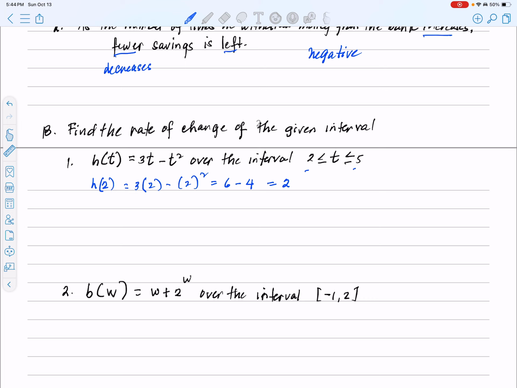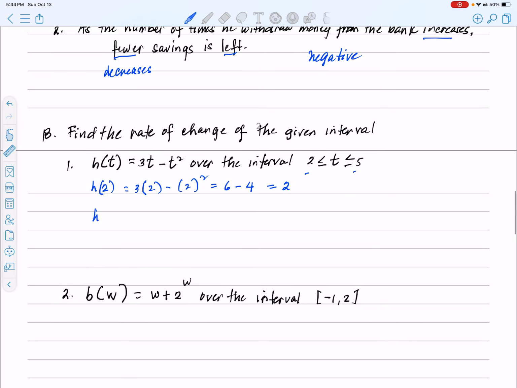Then h of 5: 3 times 5 minus 5 squared, 15 minus 25, that is negative 10.